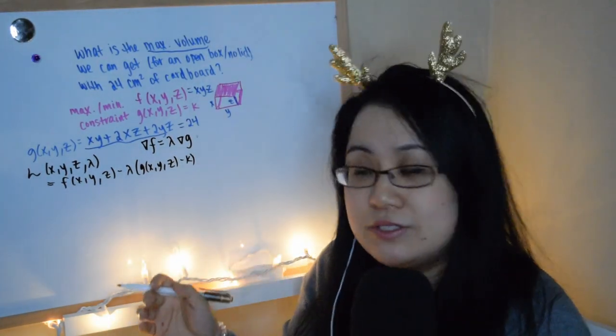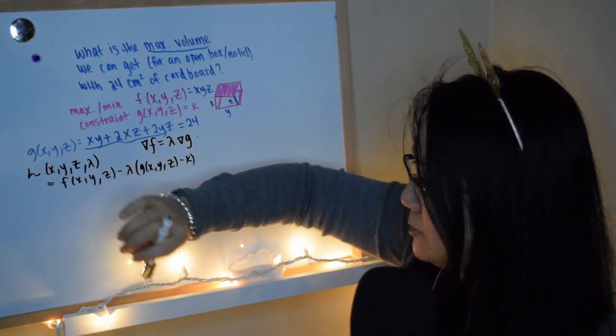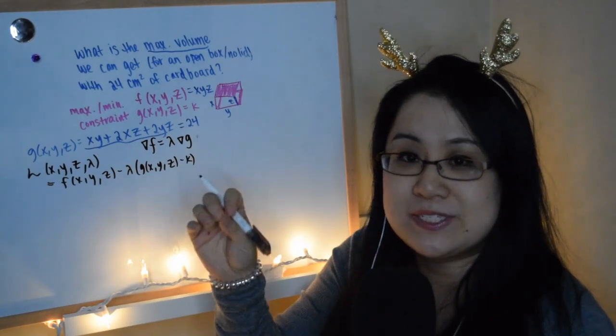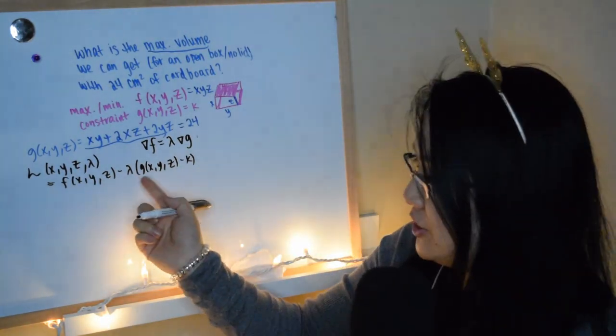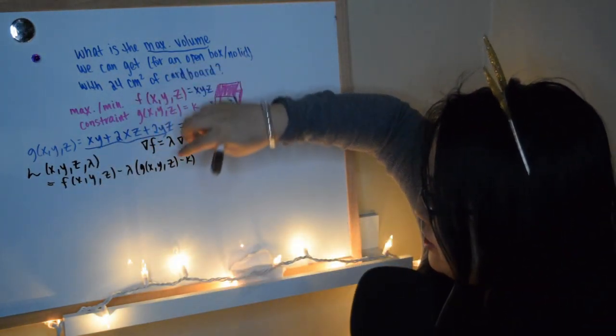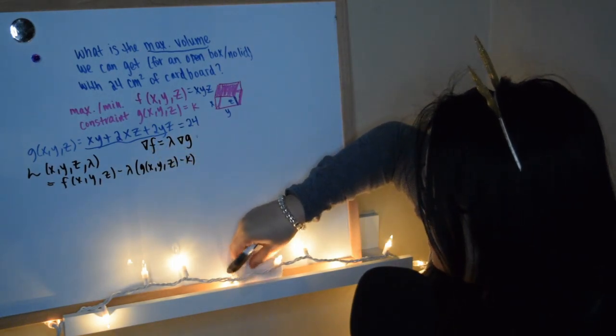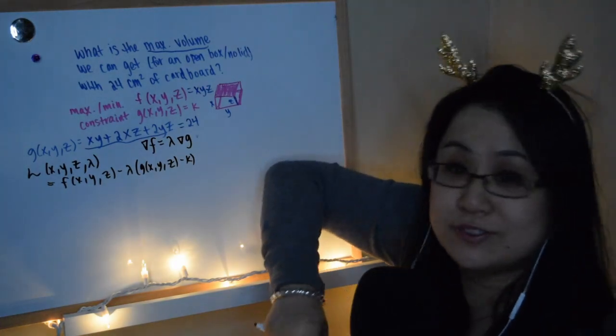So you can do all of the partials of this with respect to x, with respect to y, with respect to z, and set it equal to 0, which if you rearrange, you can just stick with this one, because you're just moving this whole thing over.